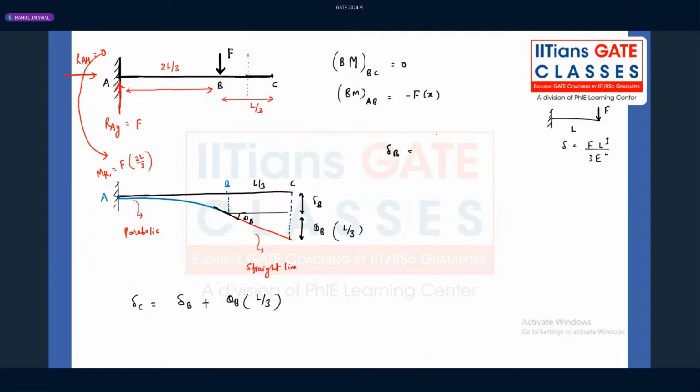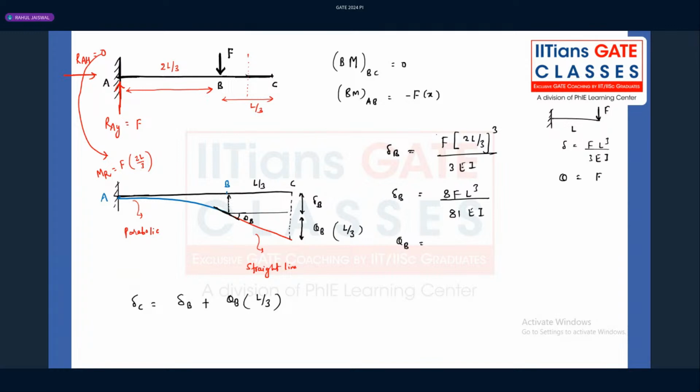FL cube over 3EI. If I write the same thing here, the formula will remain the same, F, but the length is 2L by 3, from here to here. So it's (2L by 3) cube over 3EI. So what is delta B, guys? 8FL cube over 81EI.